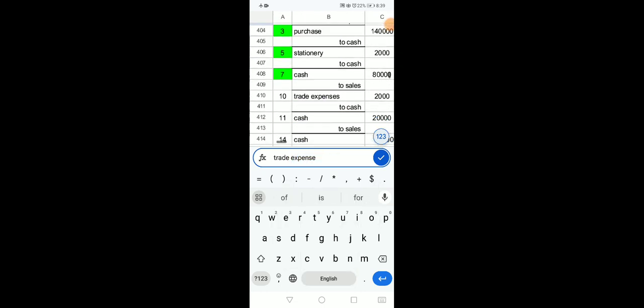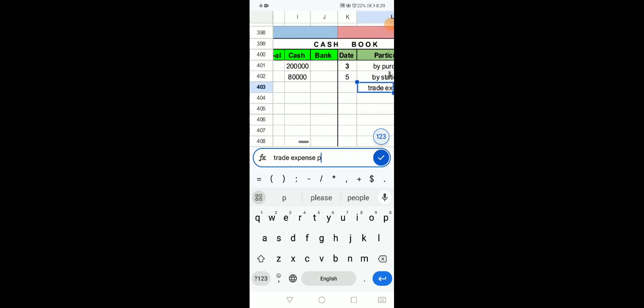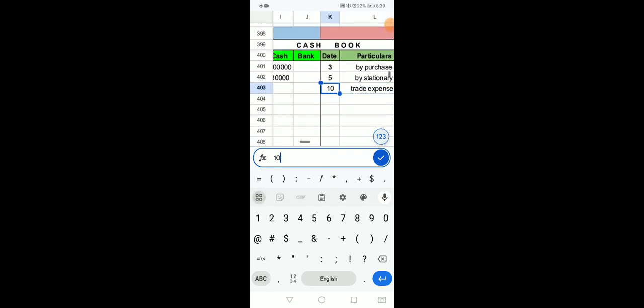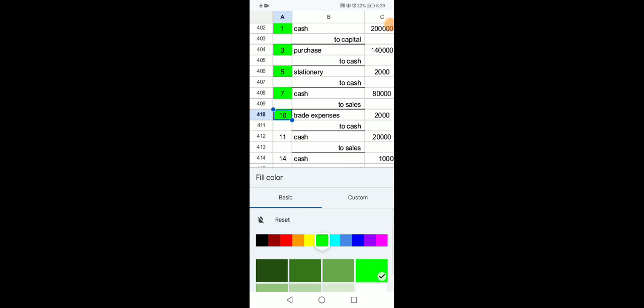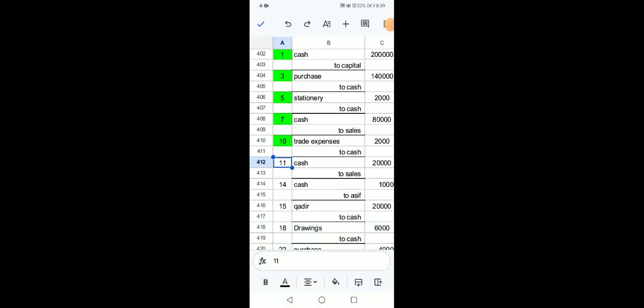And what is date? Date is 10, so you will mention date 10 over here. In this way, 10th entry has been completed, as there was only one element to be posted, that was cash, and has been posted. Entry number 10 is completed. Mark it as it has been done. Next entry is 11.